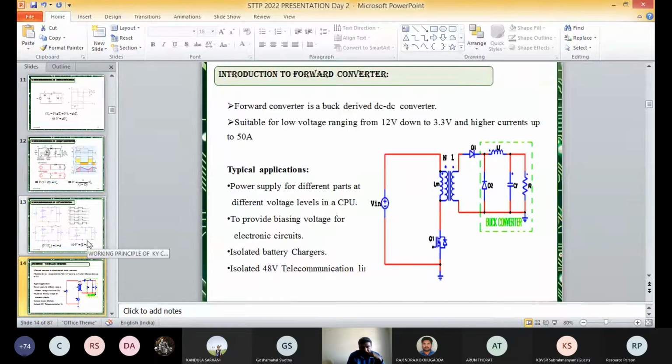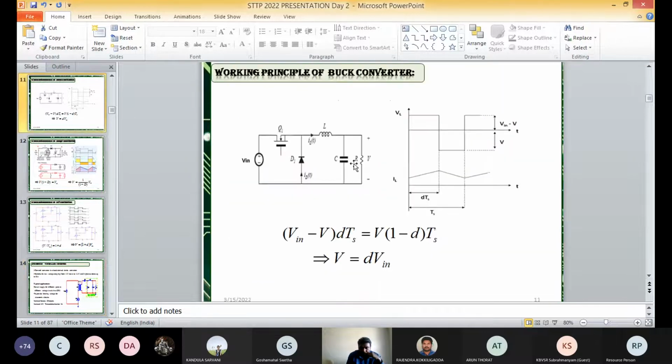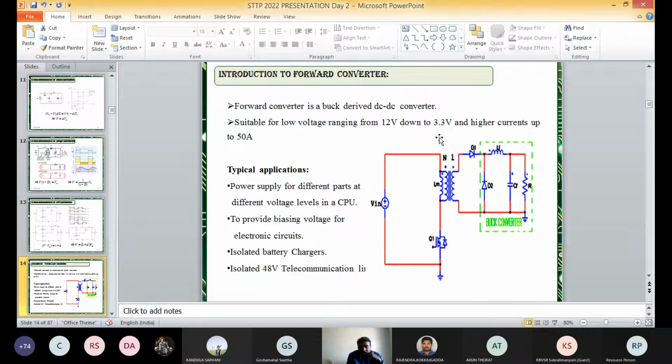If you want more current at the output, for example for fast charging of EVs where we require a huge amount of current, that means low voltage high current applications, we need to move towards the isolated DC to DC converters. Here we derive some converters based upon the buck configuration.